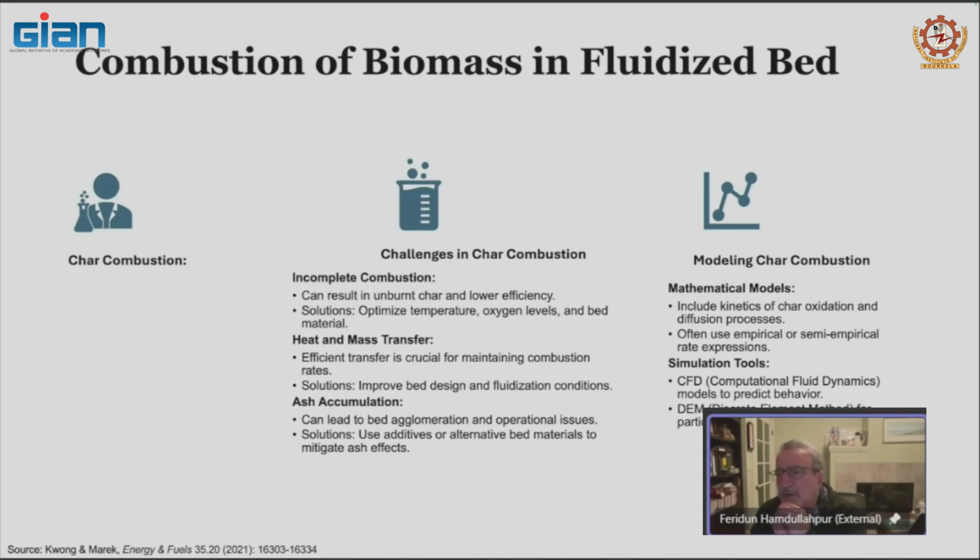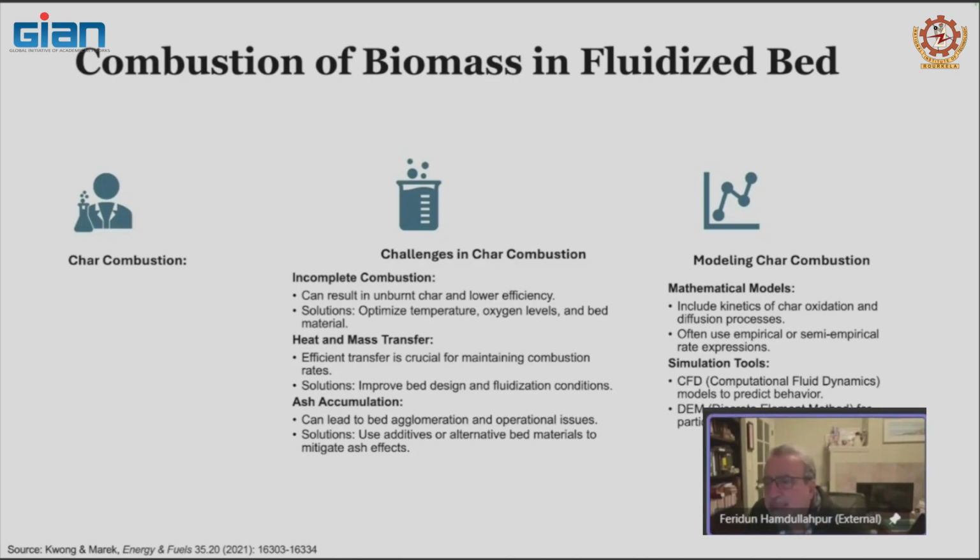To make it uniform, you have to provide very good mixing. This is one of the key elements of both design and operation of a successful fluid bed.